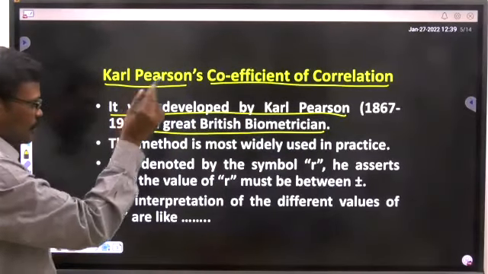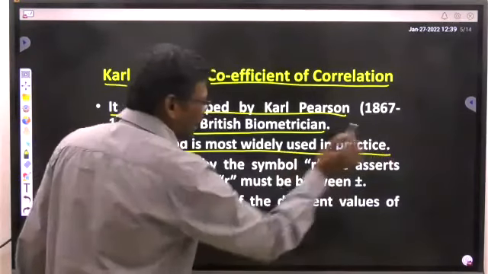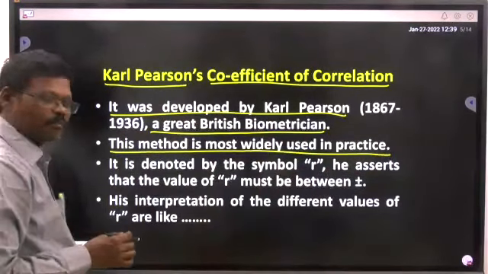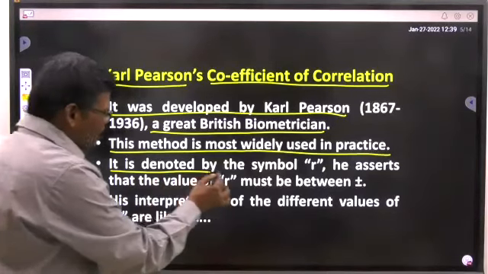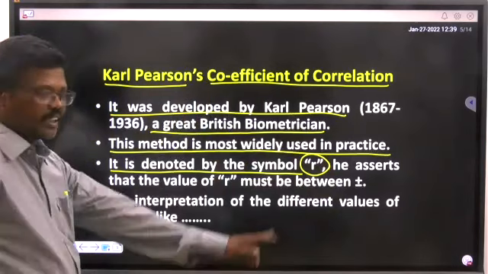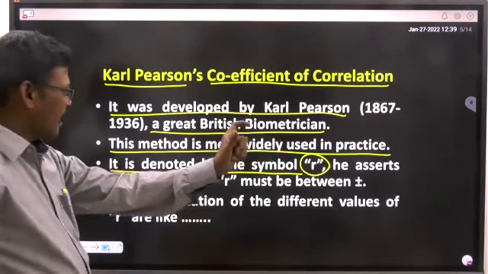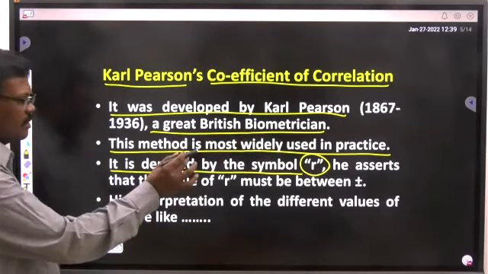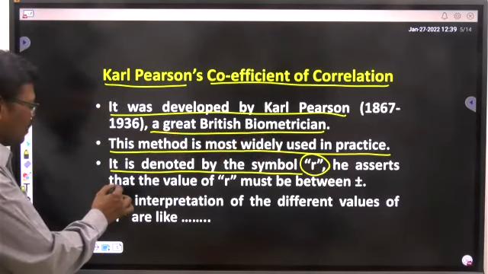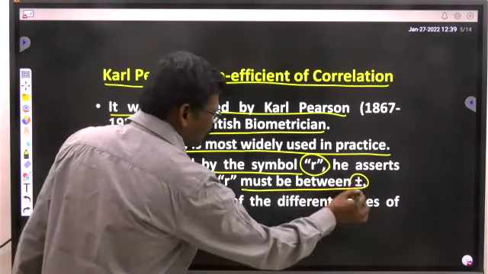This method is the most widely used in practice, and it is denoted by the symbol R. The value of R must be either positive or negative.